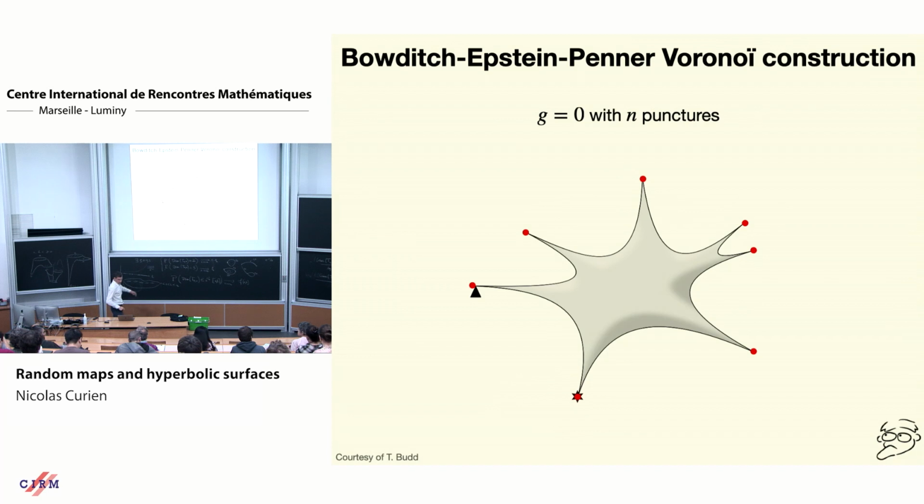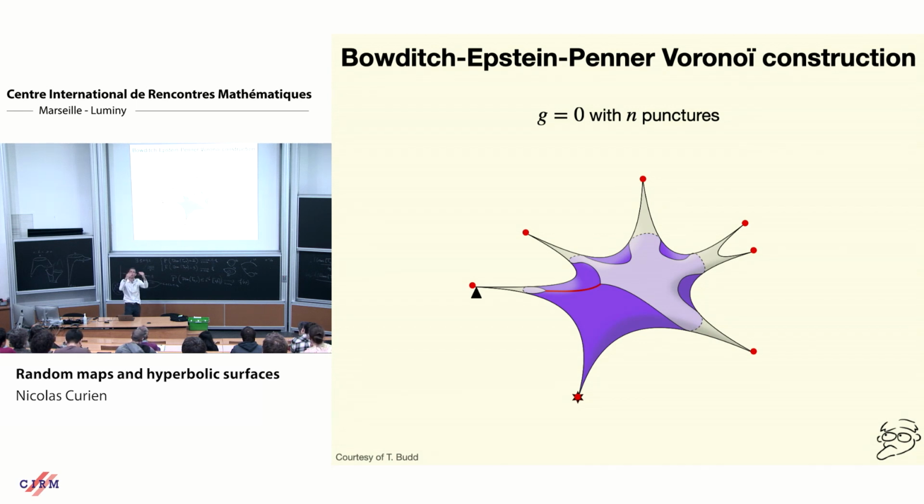So you have your hyperbolic surface, and you have one cusp which is distinguished, and you imagine that you flood your hyperbolic surface starting from this vertex here. It's at infinity, but the water flows quickly and then invades your surface. And here, this is where the water comes from two different sides. These are the points from which you can launch two geodesics towards this point, one going that way and one going the other way around.